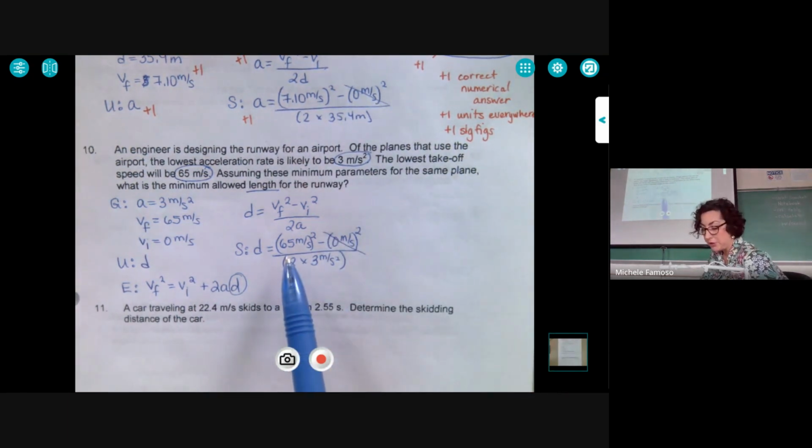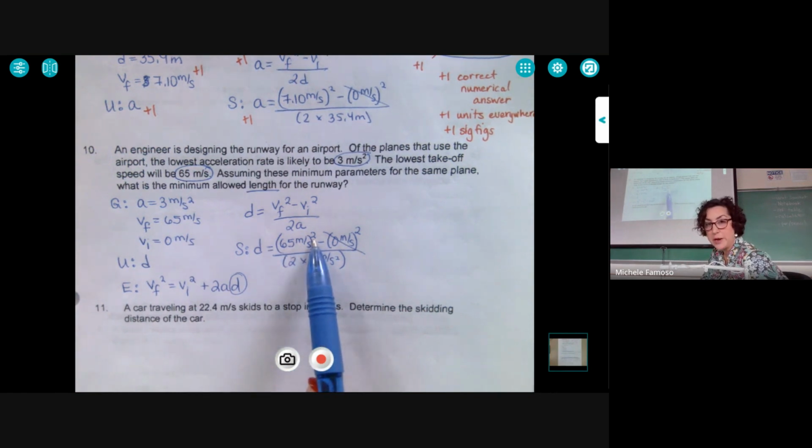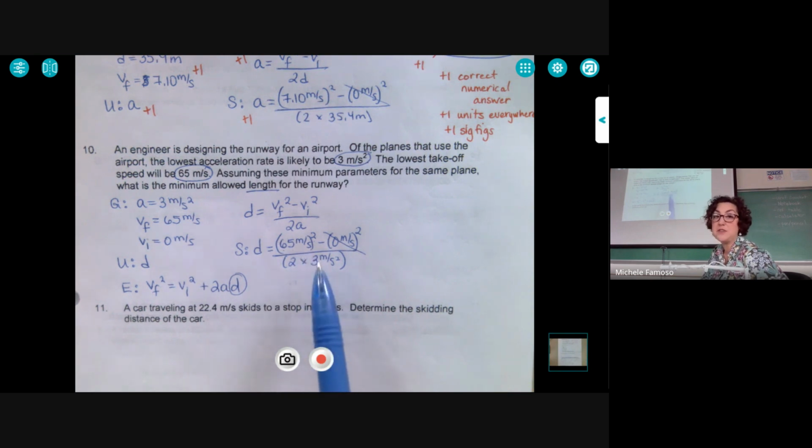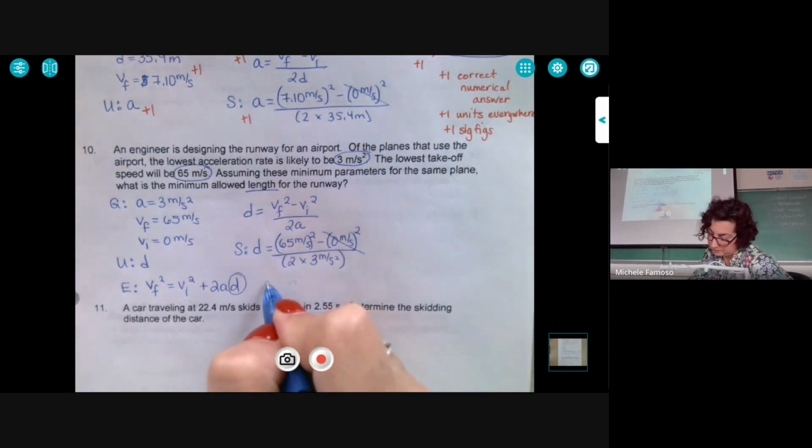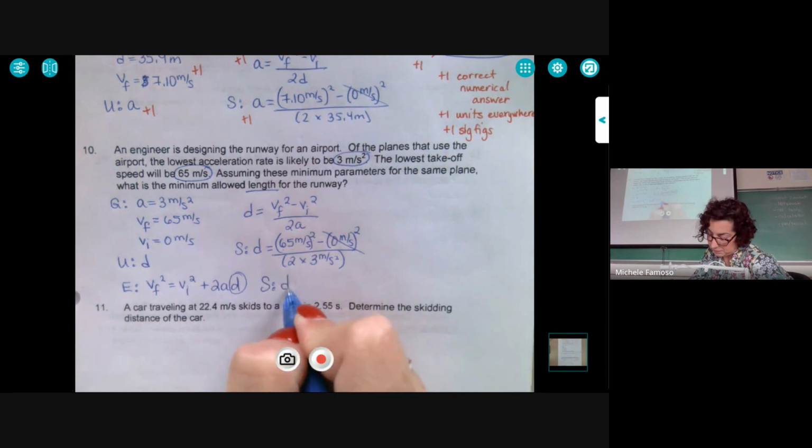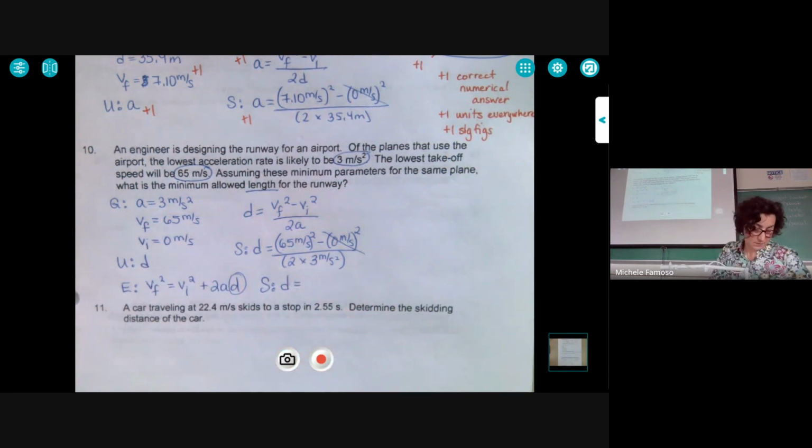So on your calculator, you're going to do 65 squared divided by 2 times 3 is 6. So 65 squared divided by 6. One sig fig because of that acceleration.